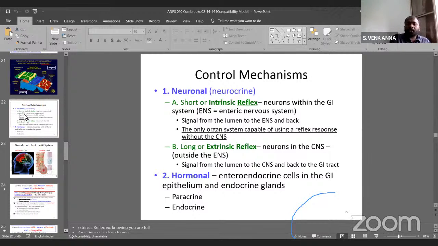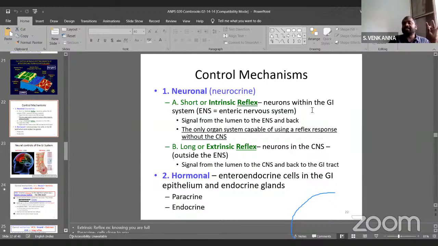There are short intrinsic reflex neurons within the gastrointestinal system: the ENS, enteric nervous system, the peripheral nervous system, and the central nervous system.